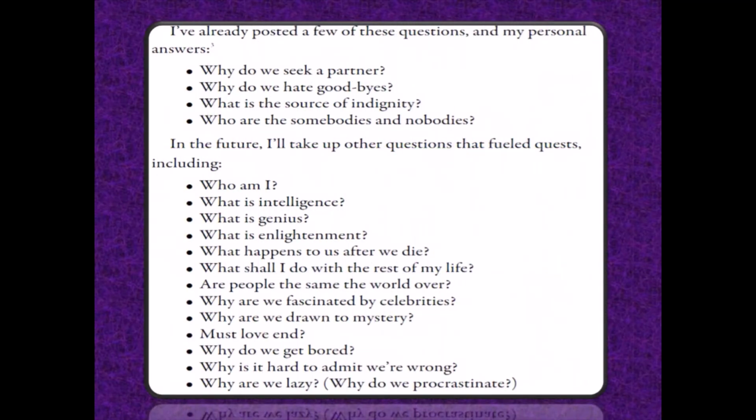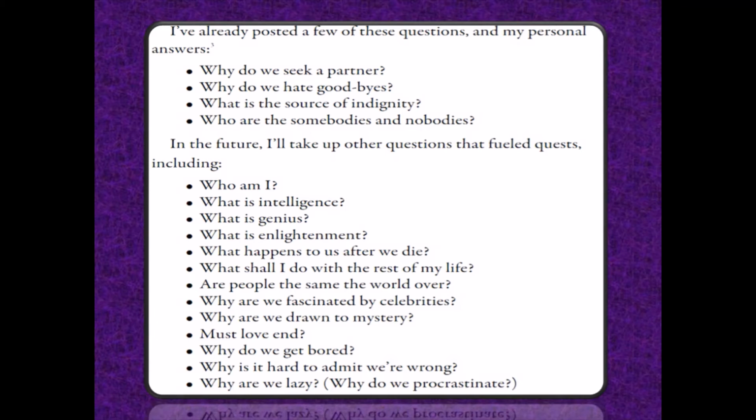Let me present several questions included in the text. Here they are. Why do we seek a partner? Why do we hate goodbyes? What is the source of indignity? Who are the somebodies and nobodies? Next one. Who am I? What is intelligence? What is genius? What is enlightenment?